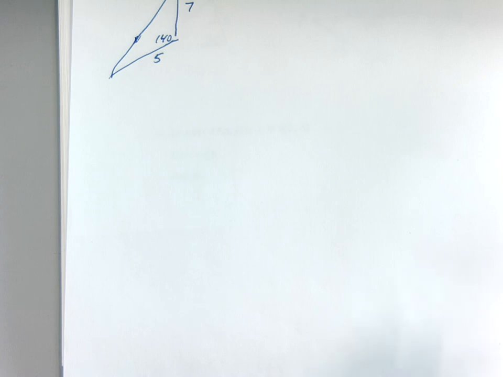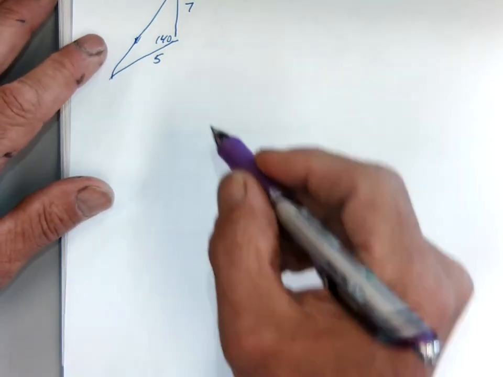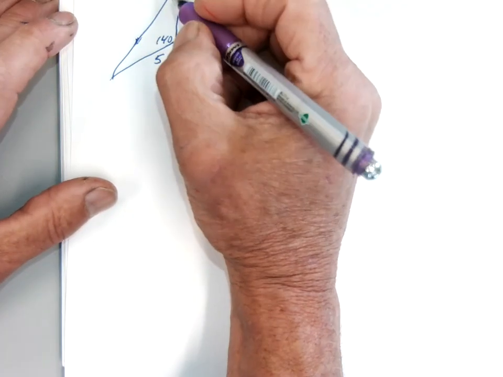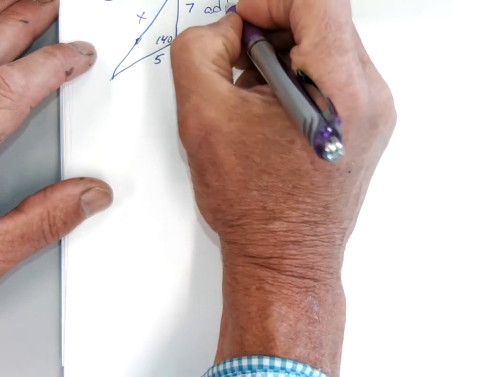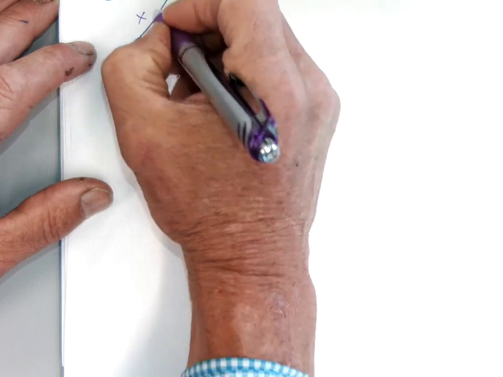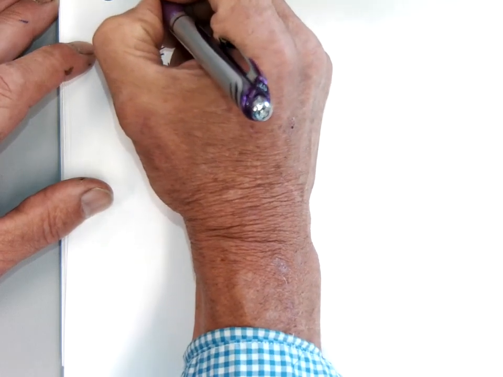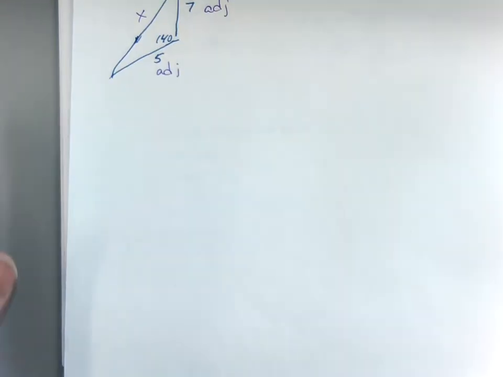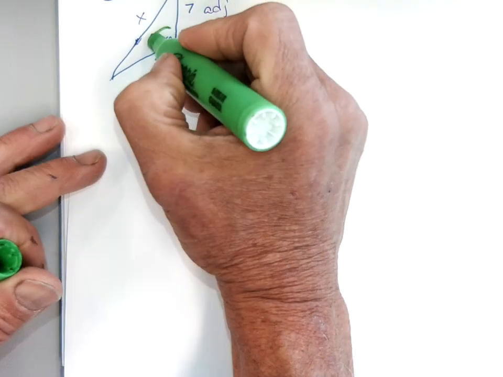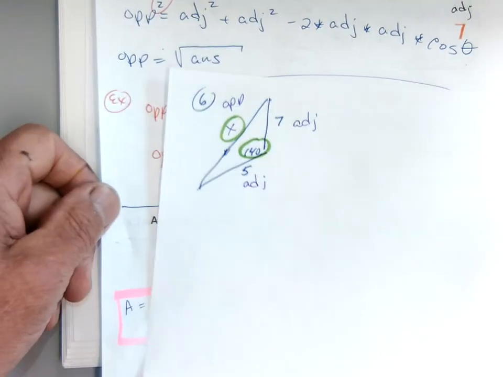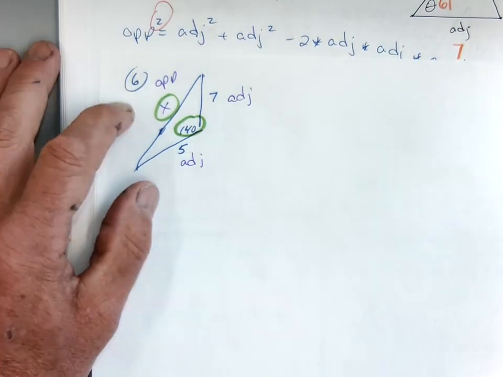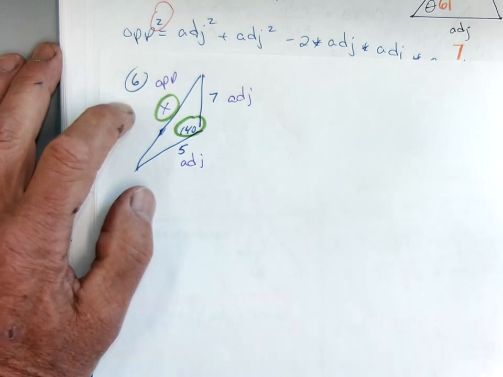So I'm going to set up. This is going to be my opposite. Let's just call that x. That's my opposite, right? Adjacent, and that's my opposite, because I know this angle. There's its opposite, okay? So my formula says, opposite squared.